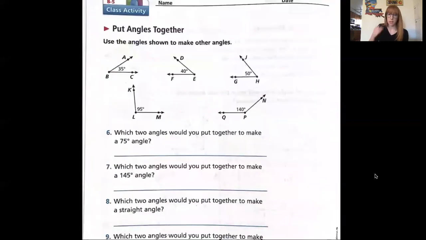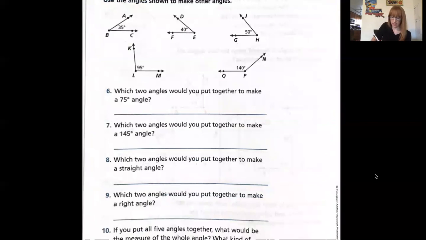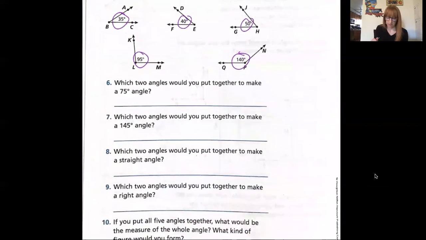Okay. So then when we're putting angles together and solving these questions, we want to look at the angle measures that they give us and making sure that we're using those correctly. And we also want to make sure that we're naming our angles correctly. Remember, the order of the letters doesn't matter.